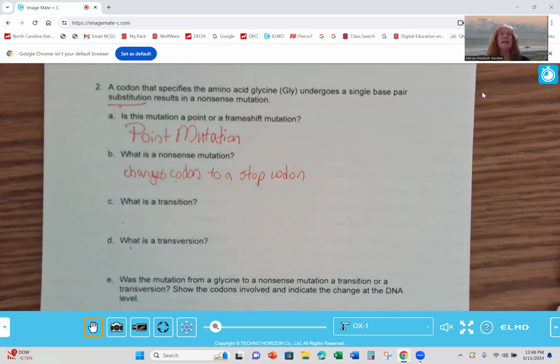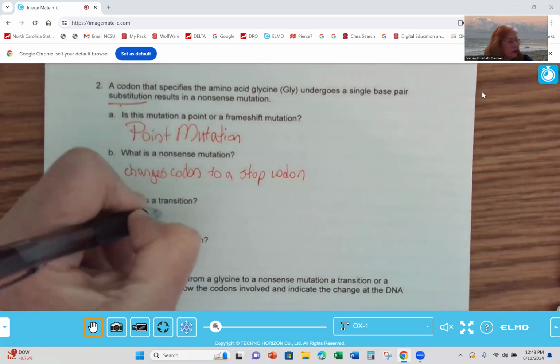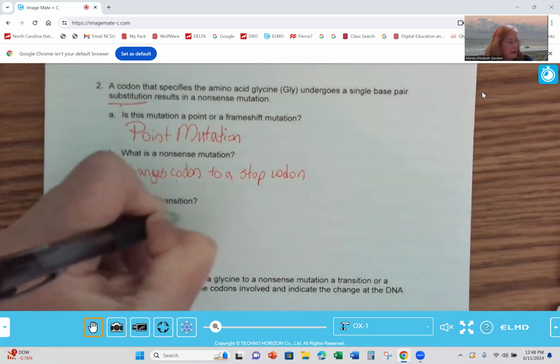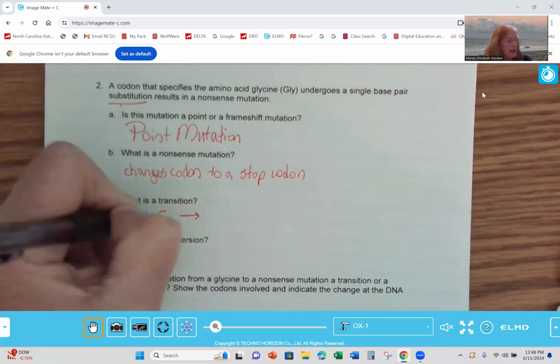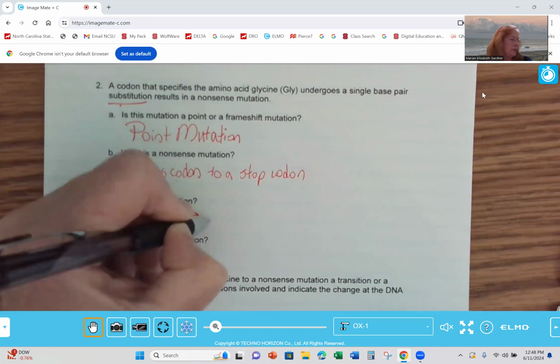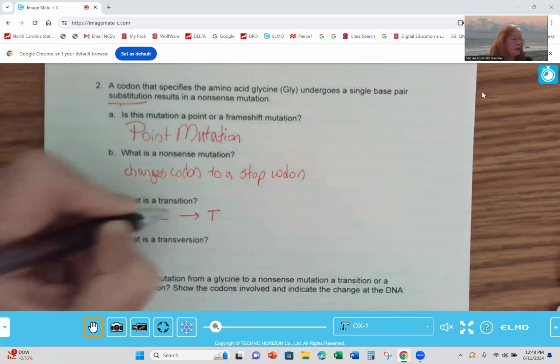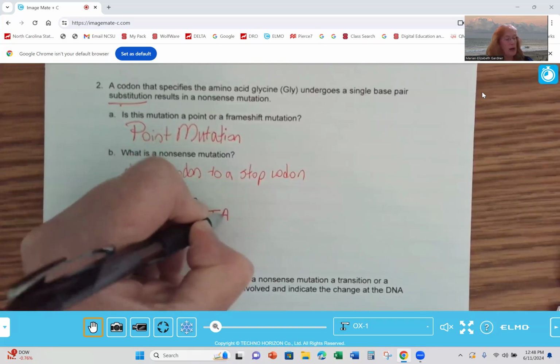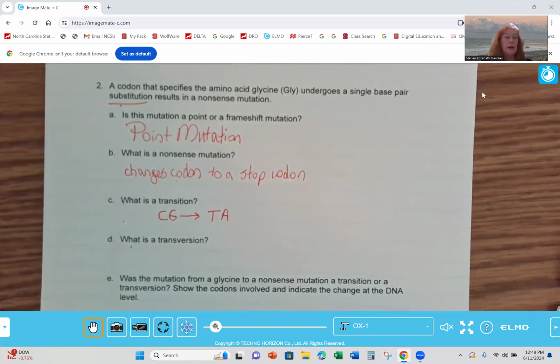Now, when we're doing this at a DNA level, we're actually changing a base pair. So for a transition that went effectively from C, the pyrimidine, to the other pyrimidine, T, then we're talking about a CG base pair being changed to a TA base pair.